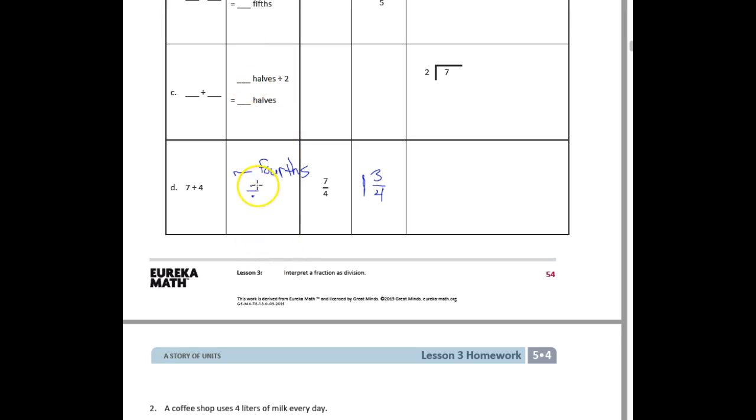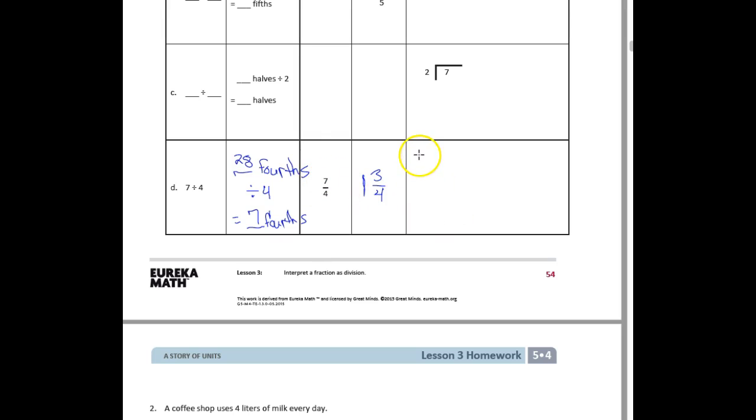We're saying fourths divided by 4 is equal to how many fourths? And so if you go 4 times 7, you know it's going to be 28, right? 28. And so if we have 28 fourths divided by 4, 28 divided by 4 is 7. And that's where this numerator comes in.